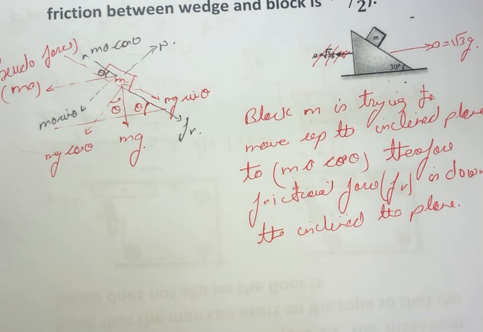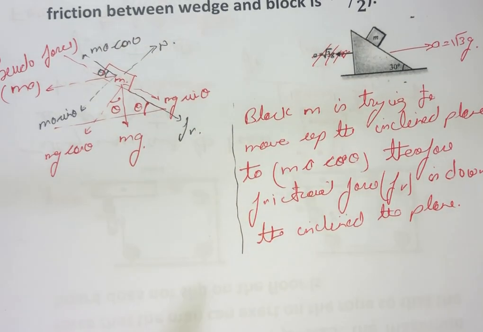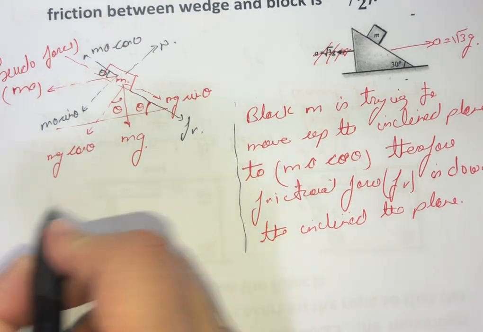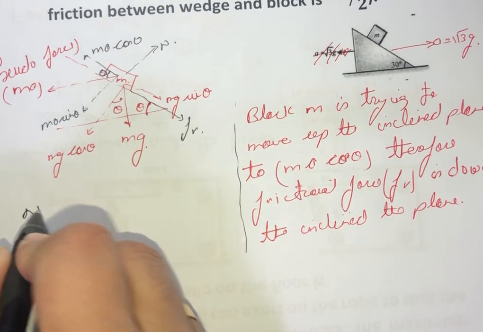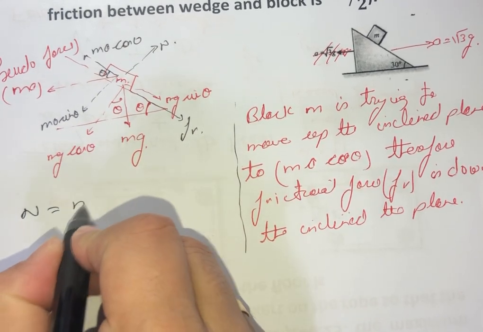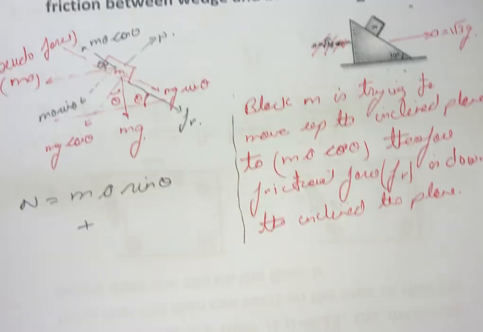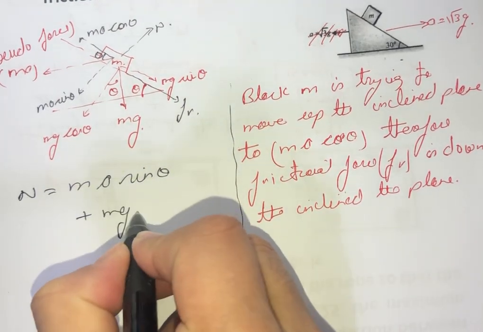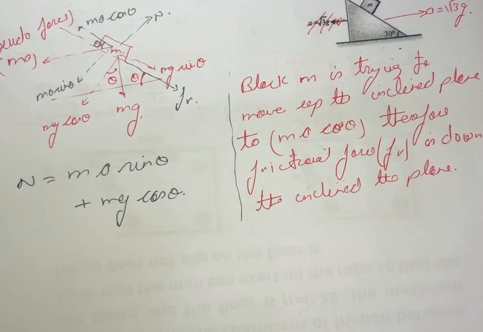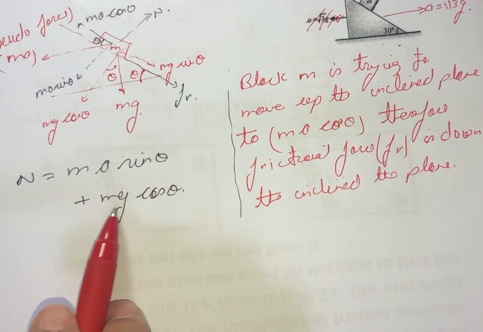Now let us write the equation. First of all, with respect to normal, we can say that our N will be equal to ma sin theta plus mg cos theta. And let us find out the value of ma sin theta and mg cos theta.